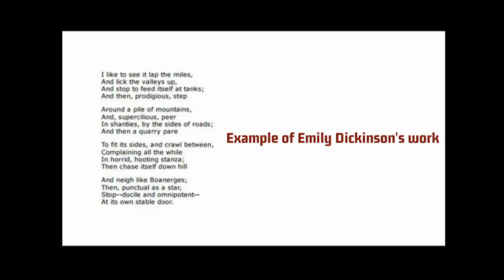Horrid and docile are words that make it seem like Dickinson and people at this time were wary of the Industrial Revolution, because this poem is about a train traveling, and so it's kind of like saying that they're superstitious about these kinds of things, and so that makes sense for this poem.